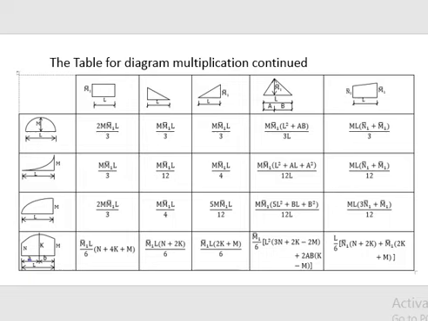This is the continuation of that table. So what is needed is that you get this diagram multiplication table handy and use it to solve your problems of determining displacements.